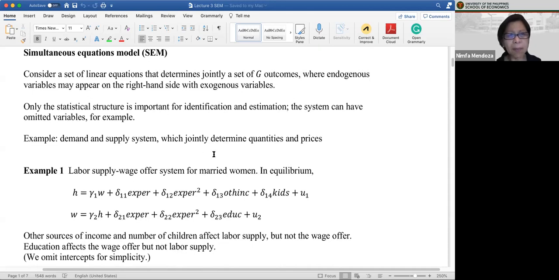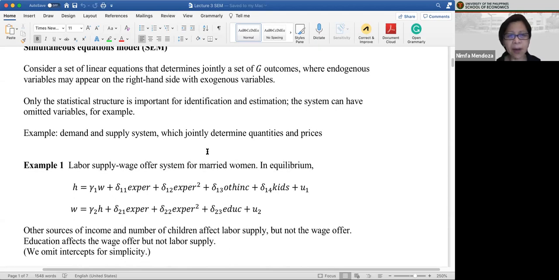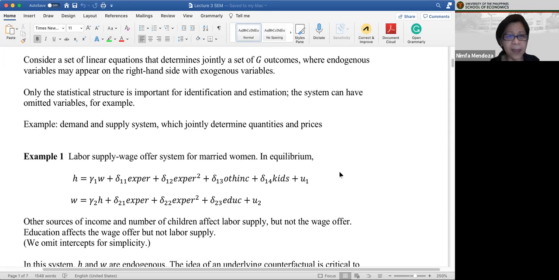A common example in simultaneous equation models would be systems of demand and supply of goods, where we jointly determine quantities and prices. So the observed quantities and prices reflected in the data are actually equilibrium outcomes already.